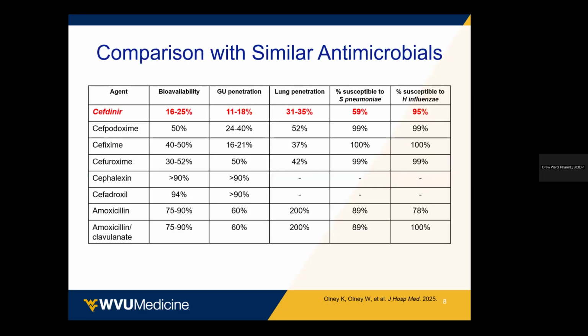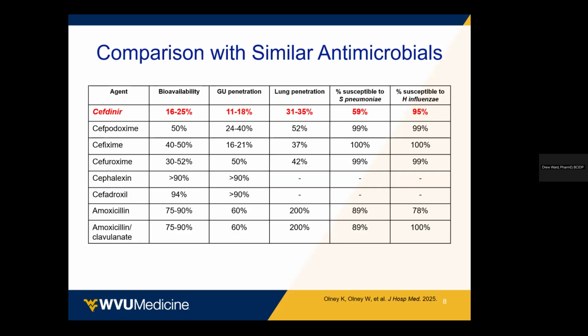So what are some alternatives to Cefdinir? This is a good table that looks at oral bioavailability, lung and genitourinary tract penetration, and percent susceptibility to both Streptococcus pneumoniae and Haemophilus influenzae, common organisms that we see in upper respiratory tract infections.